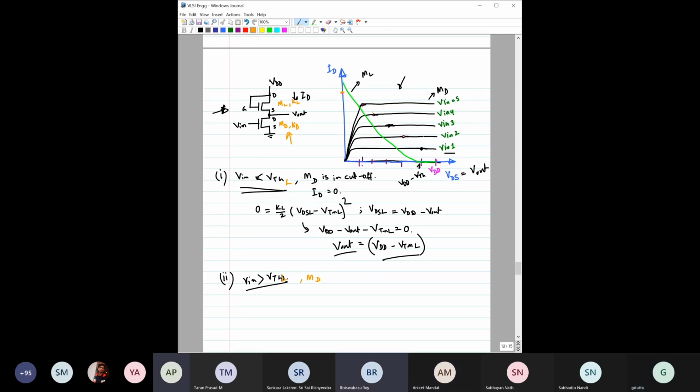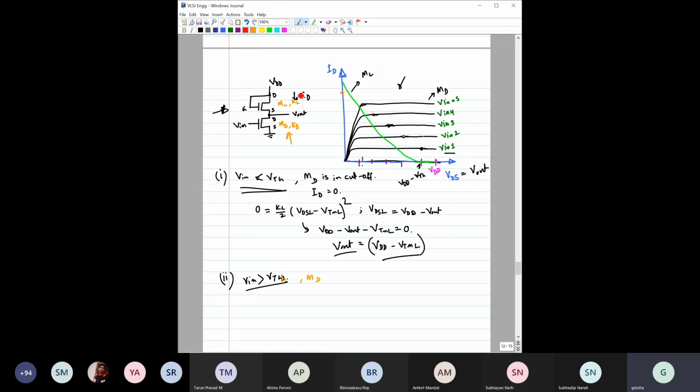Sir, it should be VT driver. It should be VTHD, because if MD is in cutoff then it should be VTH driver, right? Yeah, I think you are right.